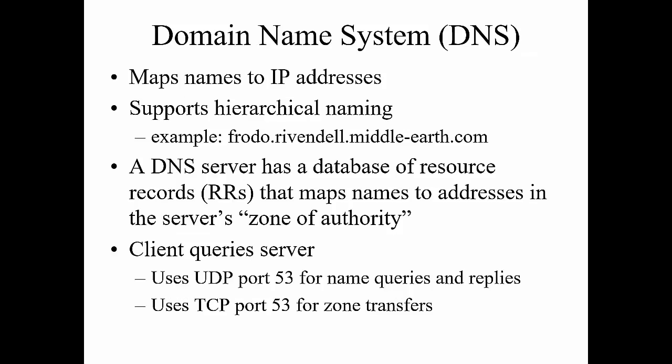Our DNS maps names to addresses and addresses to names. It supports a hierarchy naming structure, and that's how our internet works. A DNS server has a database of resources called records that map names to addresses, and that server is a zone of authority, its sphere of control. For example, when you go to google.com, it has to translate google.com.